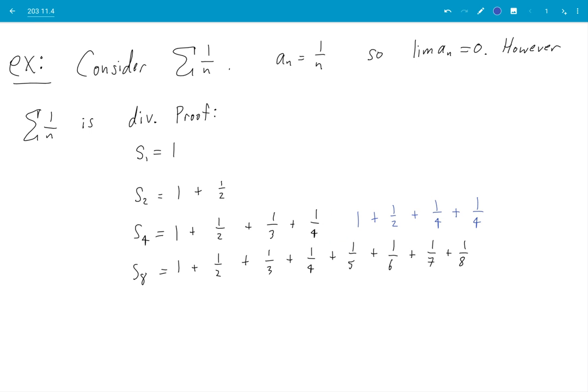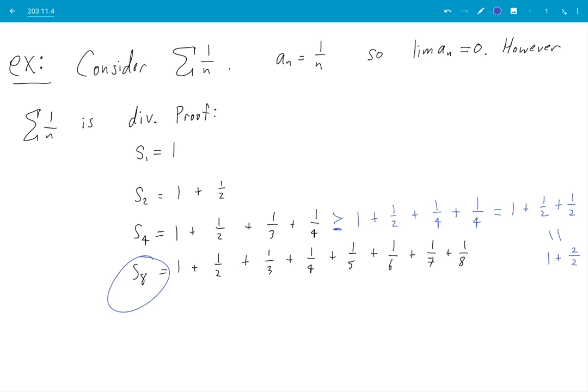I get something smaller, so change that inequality. So if I replace a third with a quarter, I get something smaller over here. Okay, and what is this equal to? This is 1 plus a half plus a half, which is equal to 1 plus, I'm going to write it as 2 over 2. And you'll see why in a moment.